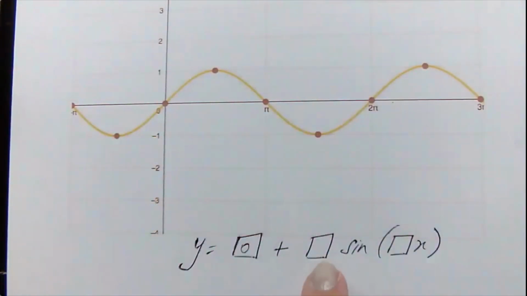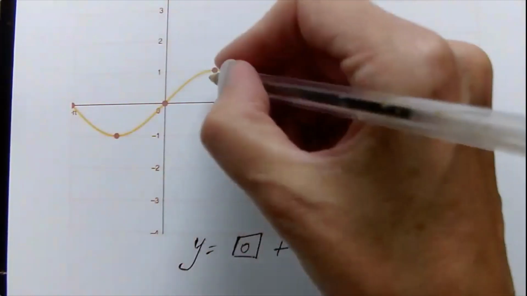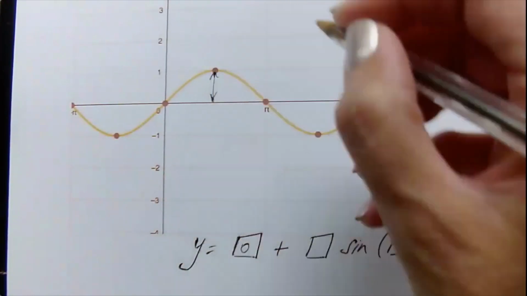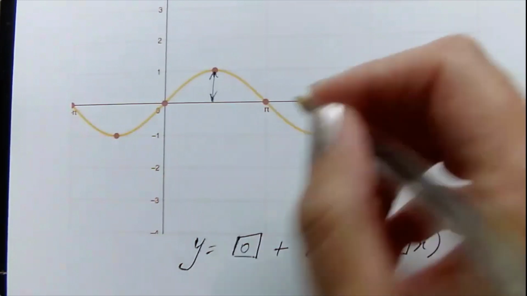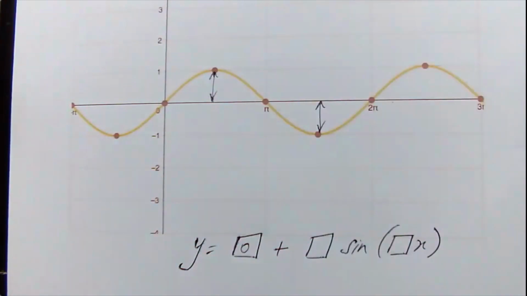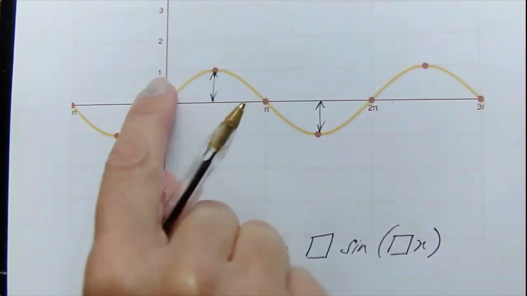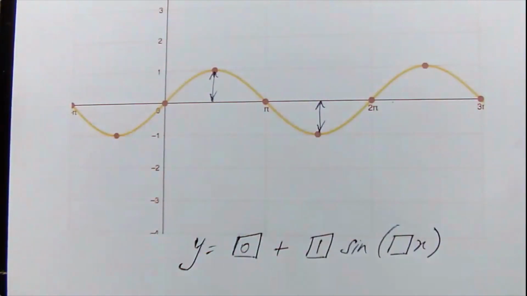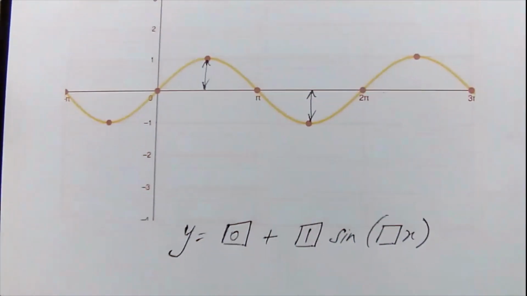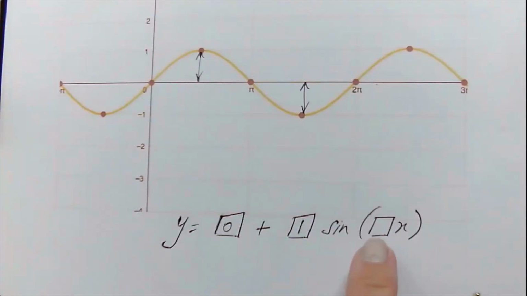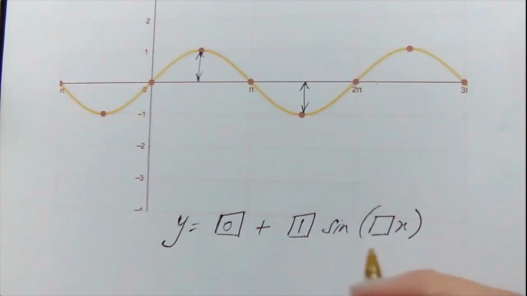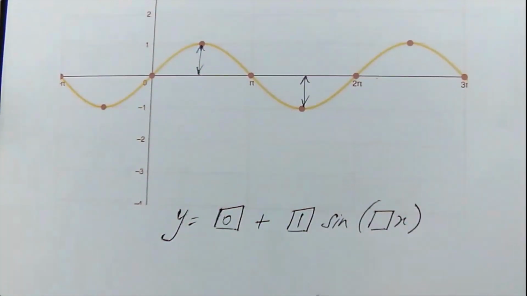And then what comes here is the amplitude, which is always the distance between that midline equation and the max or minimum point. And I can see here that we have 1 unit, so that's 1. And here, this can be the trickiest part for some people. I want to consider what that c is.